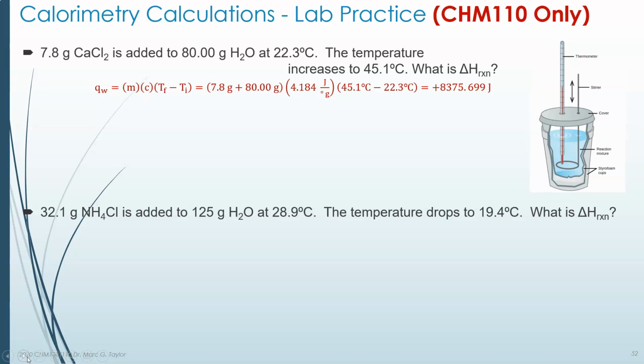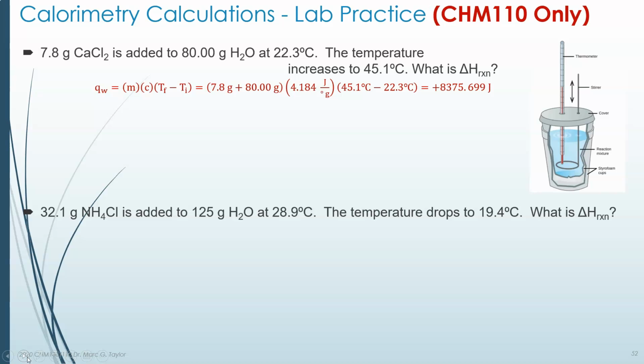We have the heat, in this case, you'll notice all the other cases before, we would use the mass of just the water. But these are dissolving reactions, so they're mixed together. The water is part of the reaction, and therefore you have to add the two masses together. So our total grams of material is actually 87.80 grams of material.